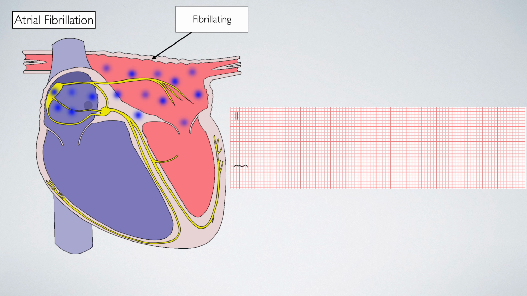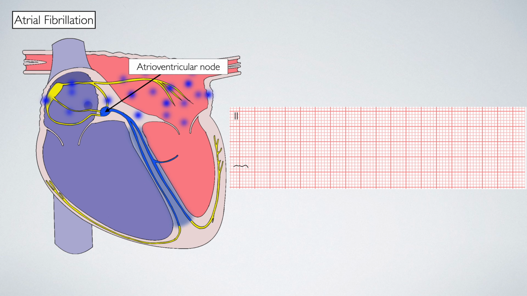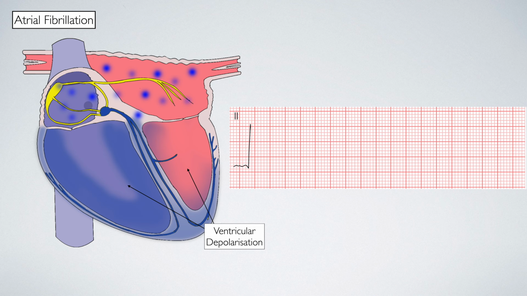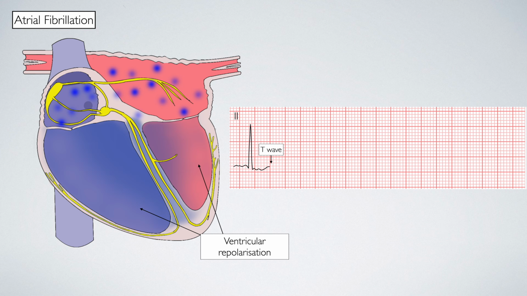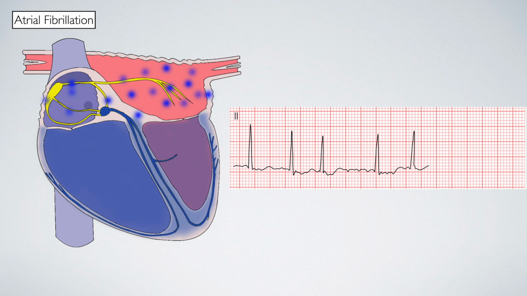On the ECG trace, this produces low-amplitude baseline oscillations known as fibrillatory waves. Impulses are conducted through the AV node and His-Purkinje system into the ventricles, and ventricular depolarization produces narrow QRS complexes. T waves occur as the ventricles repolarize. Ventricular excitation occurs in an irregular fashion.